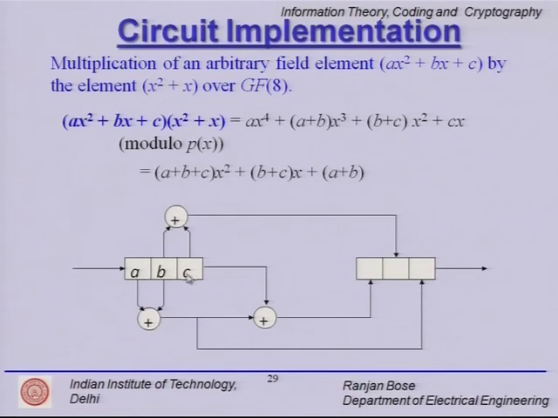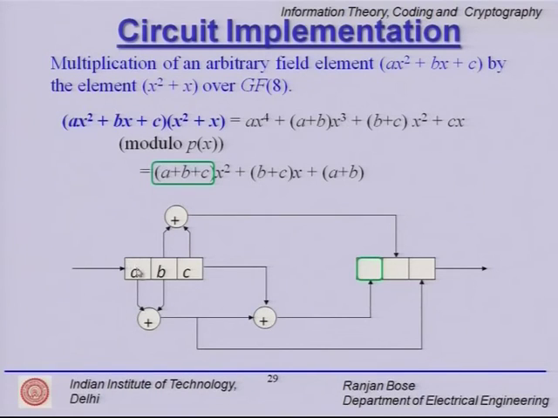and c as coefficients here. The answer should have a coefficient for x squared, a coefficient for x, and a coefficient for x to the power 0. Let us first focus on the coefficient for x squared. It should be a plus b plus c, so this arrow should carry a plus b plus c.